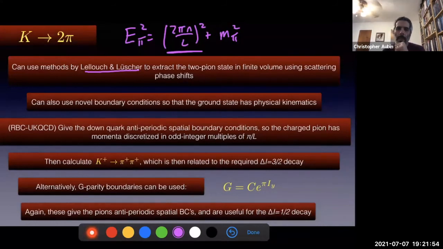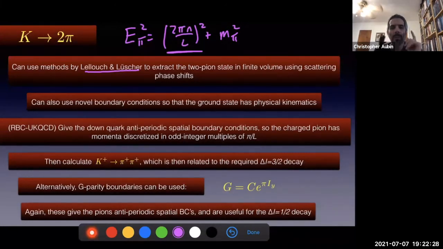Giving the quarks periodic boundary conditions, or even anti-periodic boundary conditions, gives our pion periodic boundary conditions. And so we can see the smallest momentum allowed for a pion, and now we want to relate that to what would correspond to a physical decay process of k to 2 pi, and it gets really tricky.